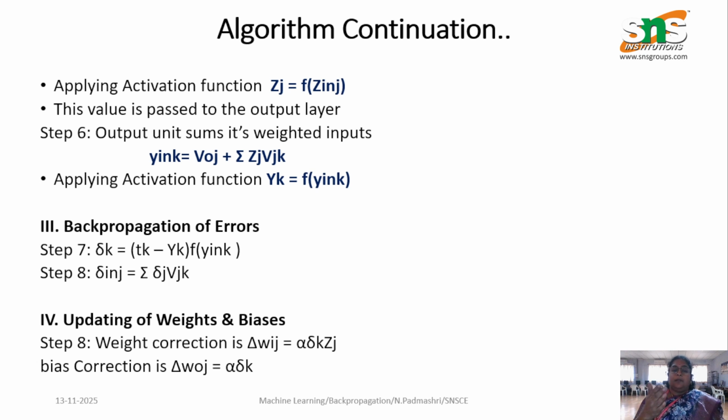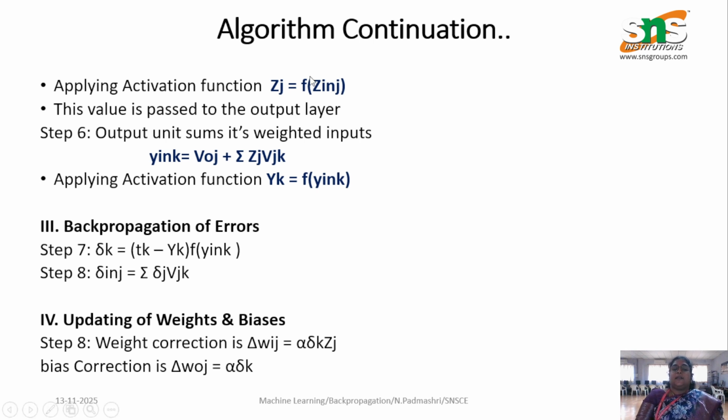So every time after you compute bias plus the summation of input into weight, before you transmit to the next layer, check the activation function, which is applicable for all hidden layers. You check for the first layer, send to the second layer, and again check the activation function. If you understand this concept, understanding these equations will be very easy.